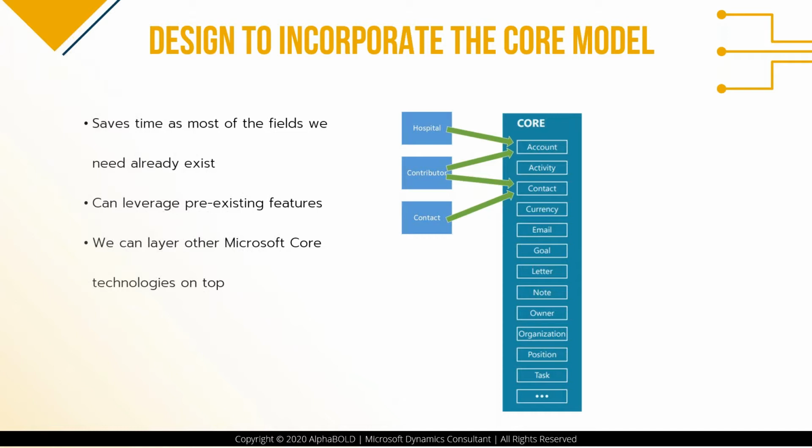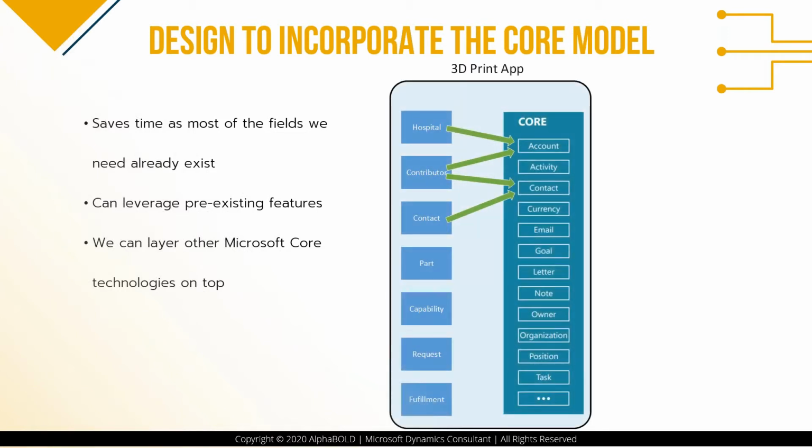Now, why would I want to use the core model instead of building out the tables individually? The reason is we can leverage the common data model, and say down the road, this side project of mine turns into a nonprofit, and we need to add some finance related functionality to the business. Instead of buying and implementing a finance application that doesn't tie to my existing data, I can add in all of my additional entities here, and I'll call this my 3D print app.